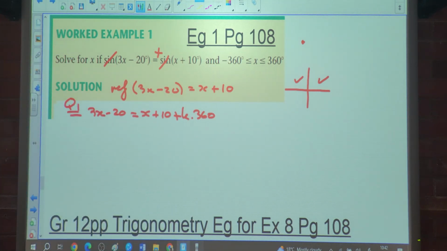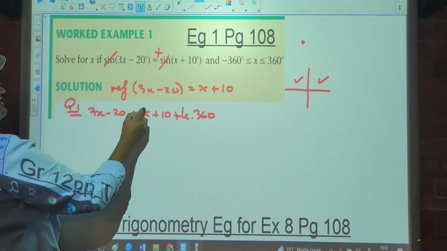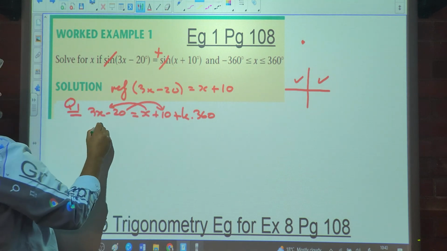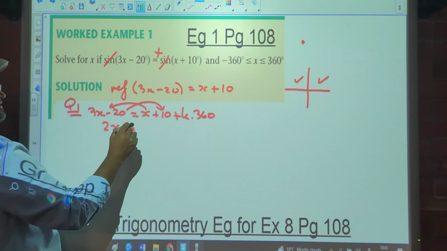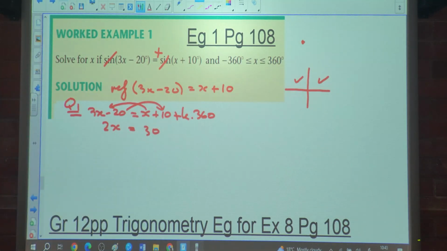Now I can move things around. So we take x over the equal sign and minus 20 that way. So 3x minus x is 2x is equal to 10 plus 20 is 30, plus k times.